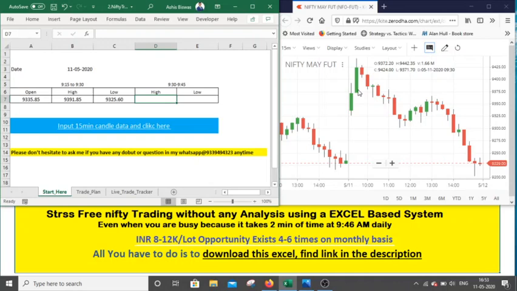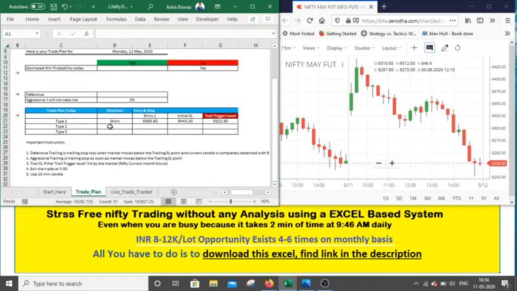The high of the second candle is 9442.35, and the low of the second candle is 9371.70. Once you enter this data, you have to click over here, and you will find the trade will appear automatically over here.